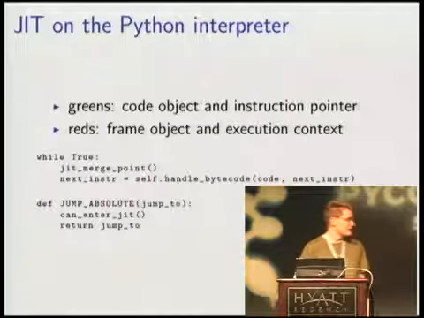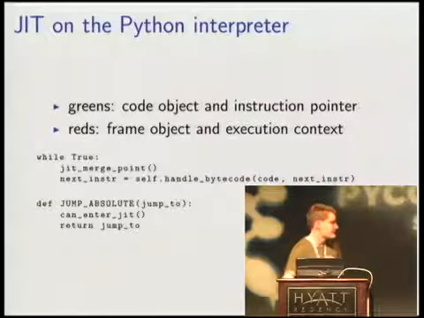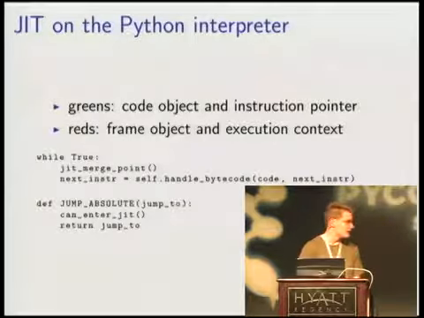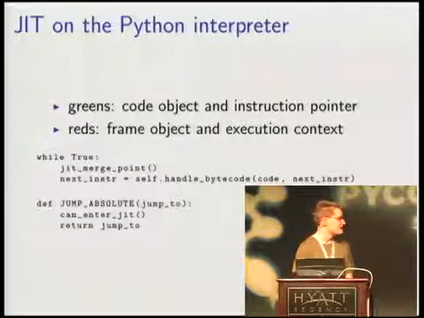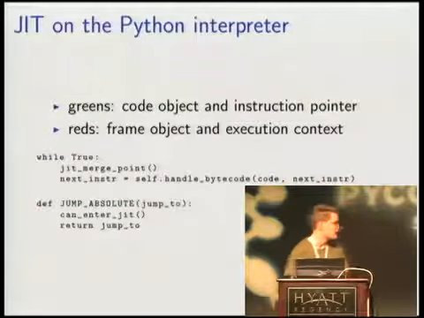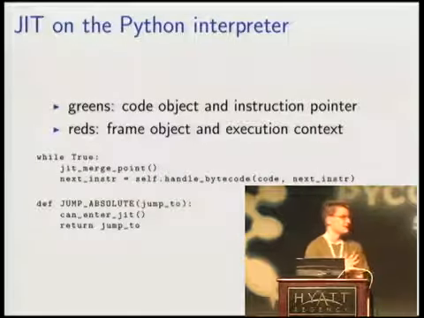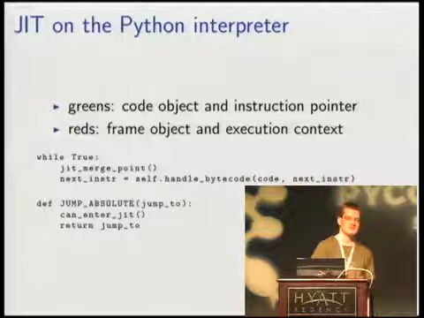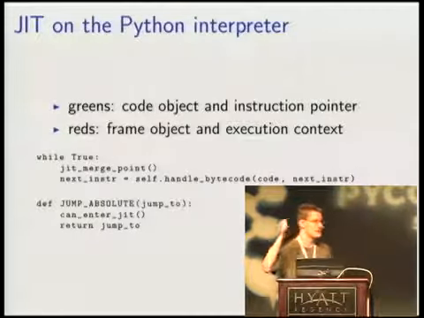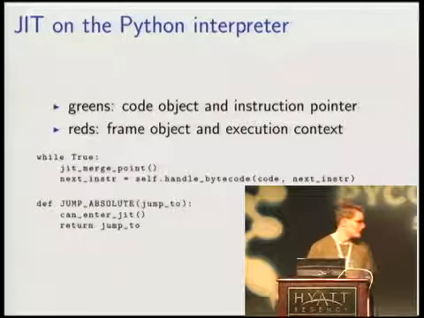This is a simplified view of how we have inserted the JIT hooks into the Python interpreter. That while True loop is the bytecode dispatch loop, so we have a jit_merge_point every time we go to dispatch a bytecode. The JUMP_ABSOLUTE bytecode tells the interpreter to jump to some other bytecode, and it's at the end of loops. So that's how we know that we've ended a loop.